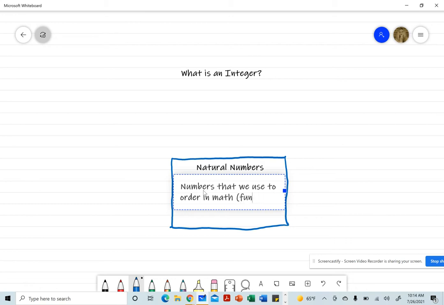Finger numbers, I'm going to put in parentheses. What the heck does finger numbers mean? Well, basically what it means is it's any number that can be represented on your fingers.